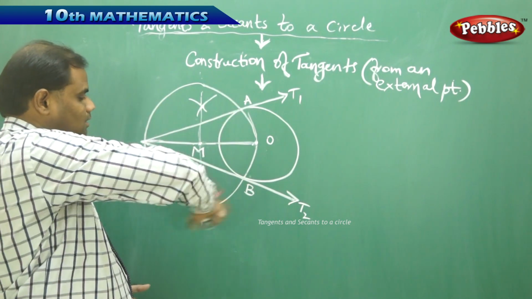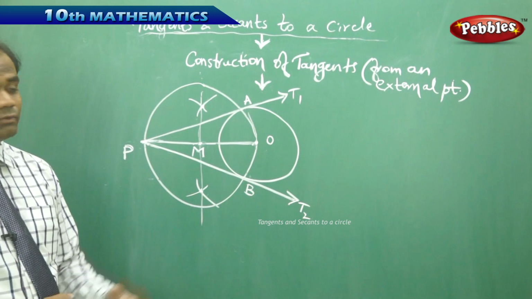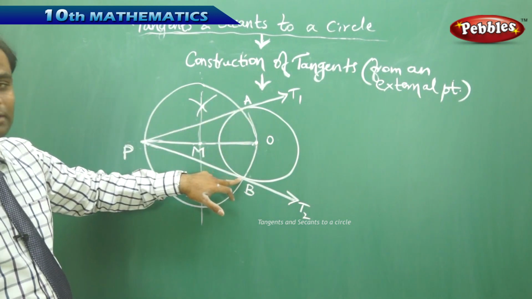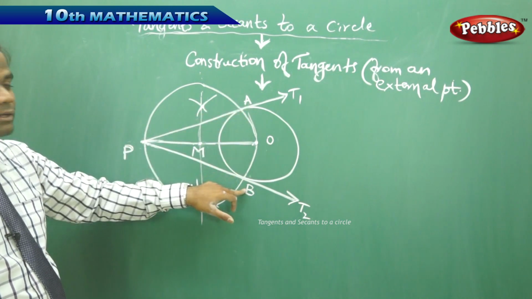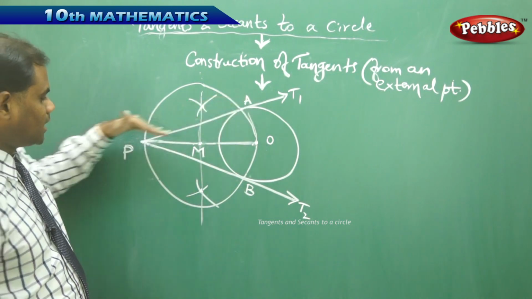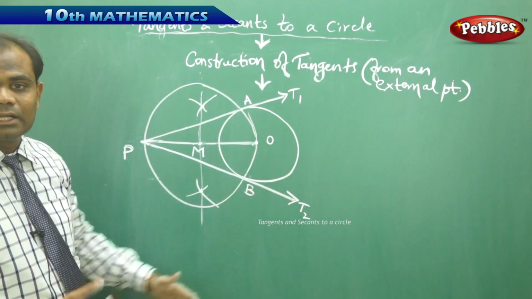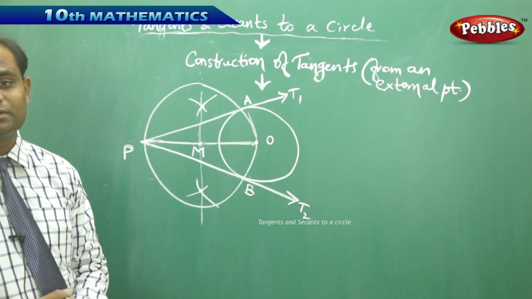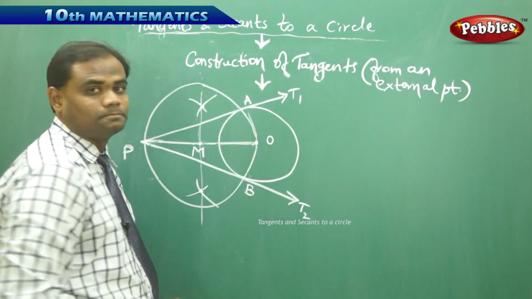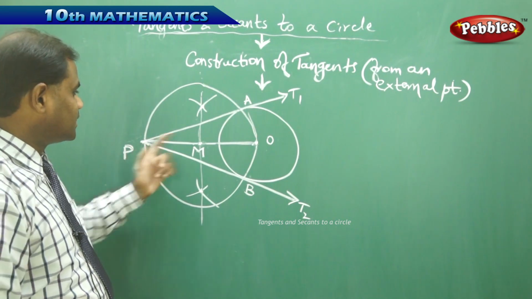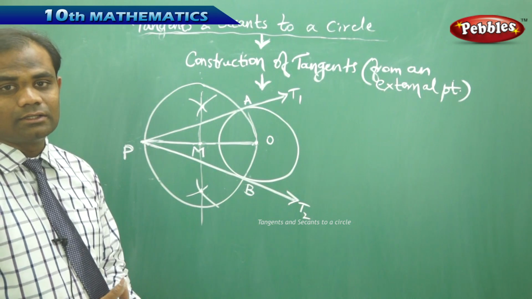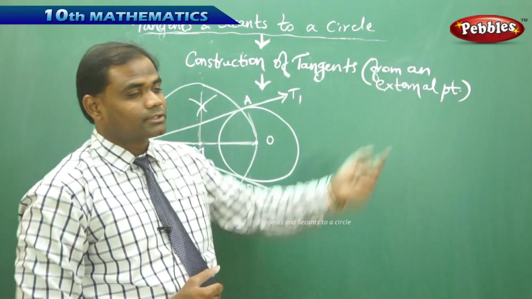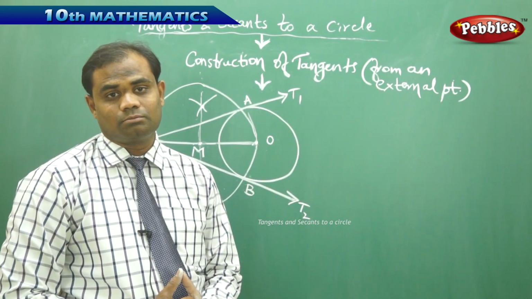So drawing the circle, I get the bigger circle which cuts the smaller circle at A and B. Joining P with A and B, PA and PB are nothing but the required tangents for the circle with center O. So once I get the tangents PA and PB, they are exactly the two tangents which can be constructed from an external point.